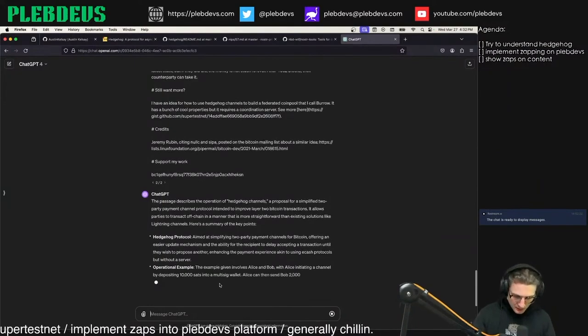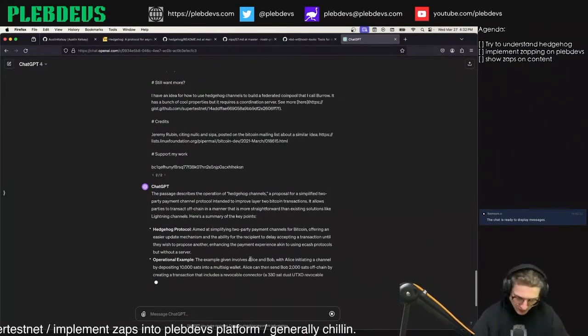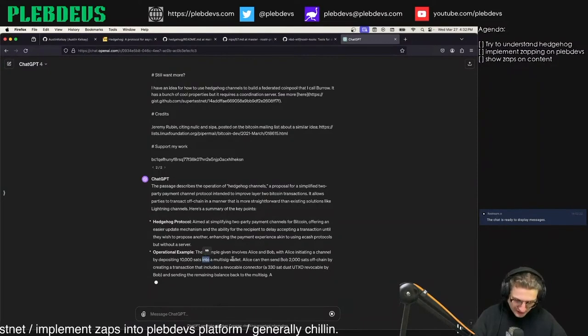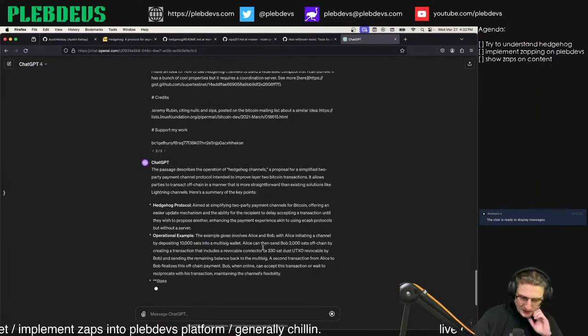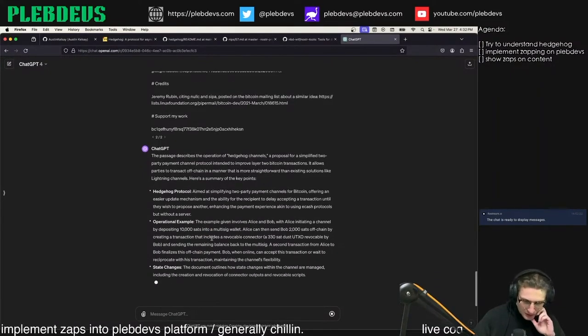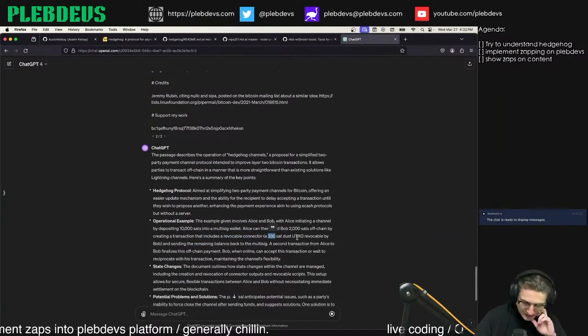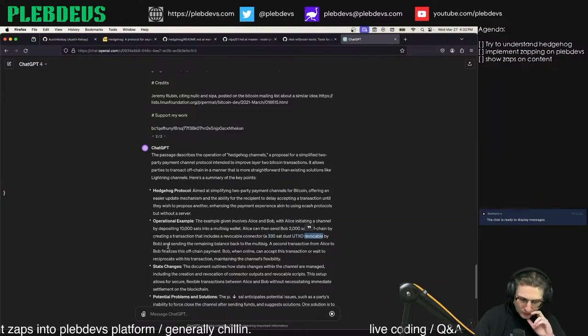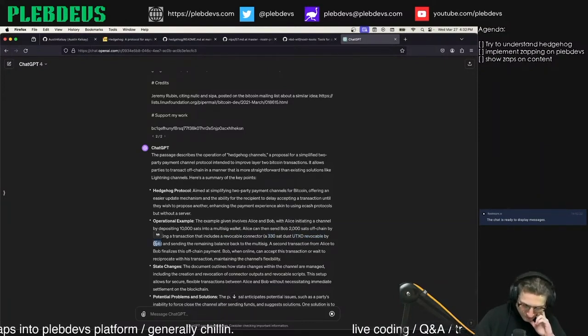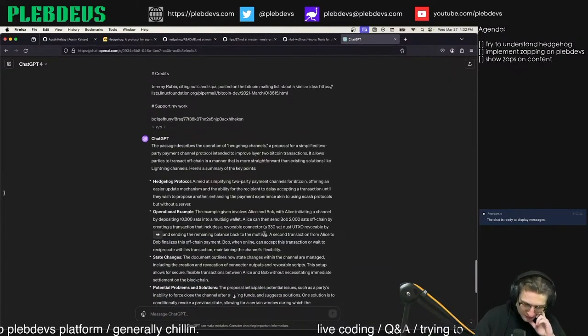Okay. The example given involves Alice and Bob, with Alice initiating a channel by depositing 10,000 sats into a multisig. Alice can then send Bob 2,000 sats off-chain by creating a transaction that includes a revocable connector, a 330 sat dust UTXO revocable by Bob, and sending the remaining balance back to the multisig.